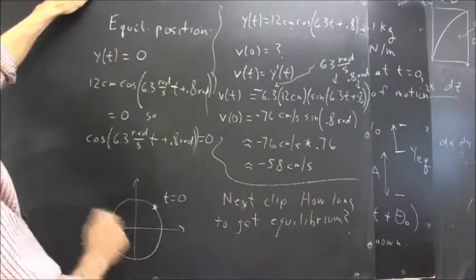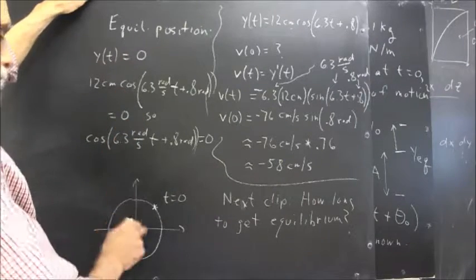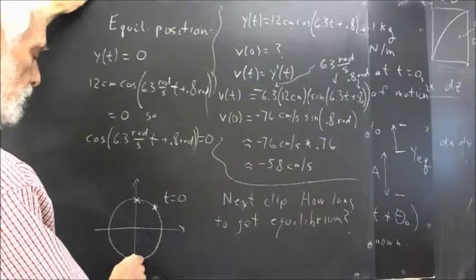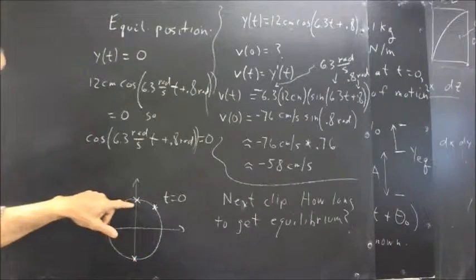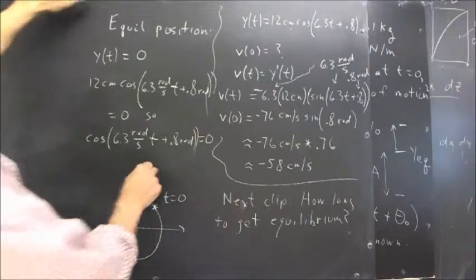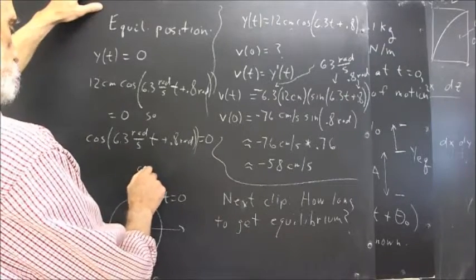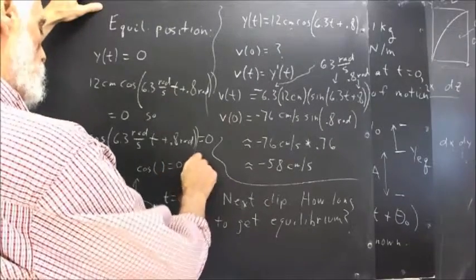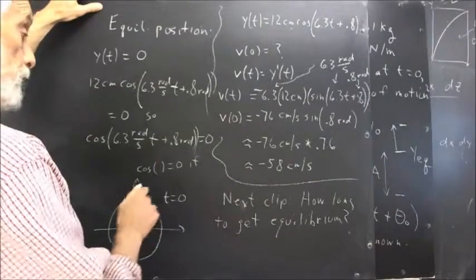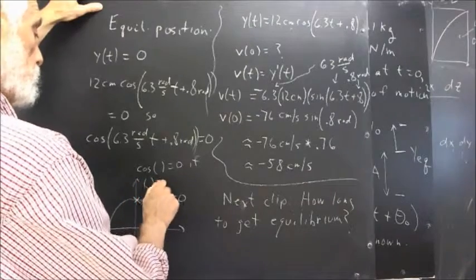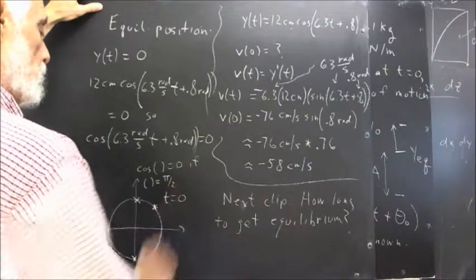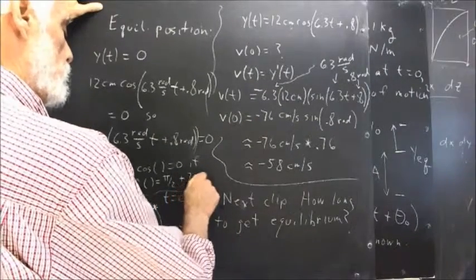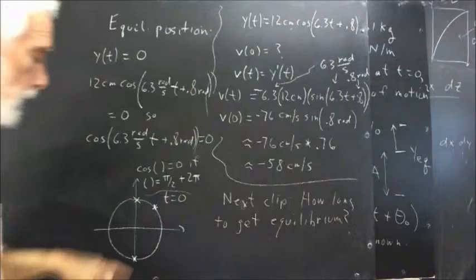The point is that the cosine is going to equal 0 when the argument is here or here. So at this point, cosine of this whole thing is 0 if this whole thing equals pi over 2, or any pi over 2 plus 2 pi. Now what's that mean?